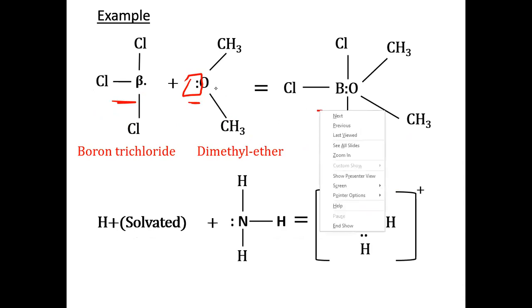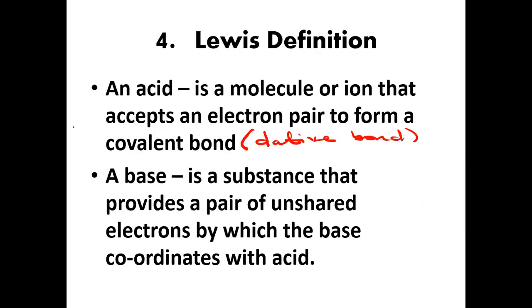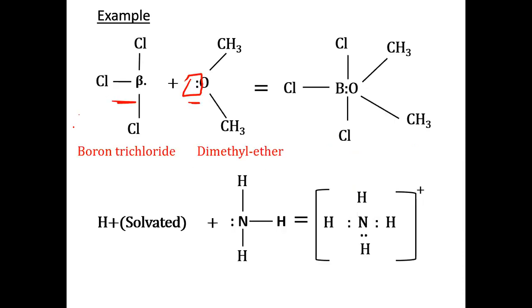It means that this dimethyl ether, once it's able to donate the electron pair, qualifies to be the base, since an acid is the one that accepts the electron pair. So this boron trichloride here qualifies to be the acid, and this one donating the electron pair qualifies to be the base.